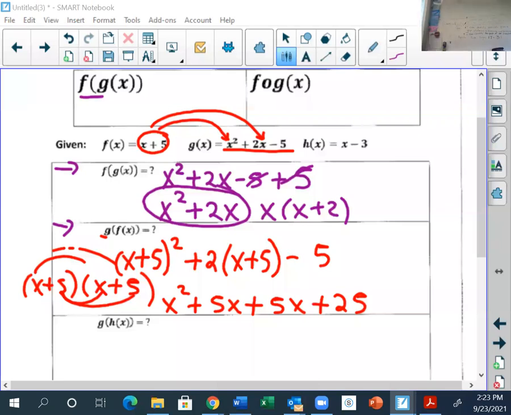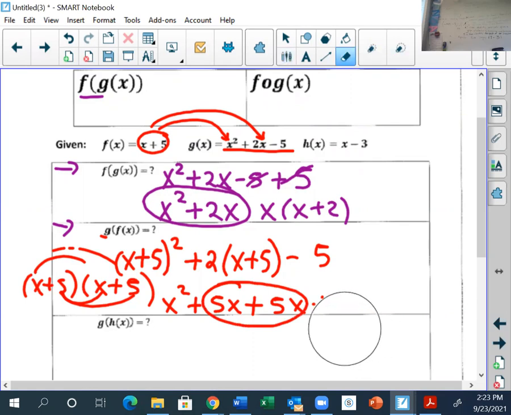All right. So now we have to combine the like terms for this one. And I'll erase it so that I have more space, right? So 5x plus 5x is 10x, right?